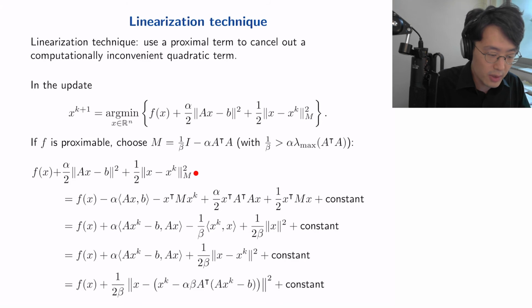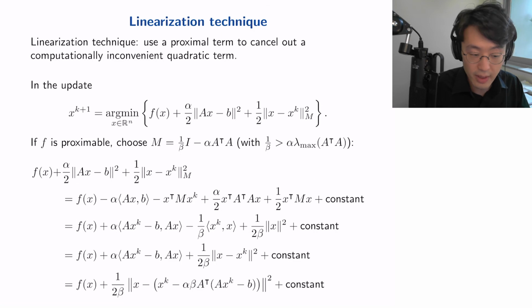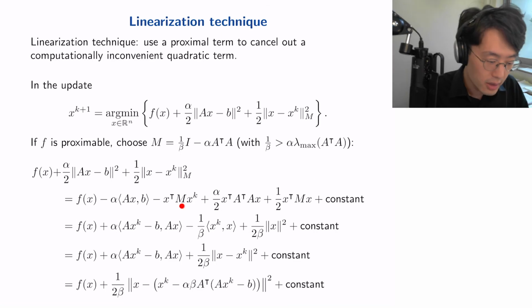Okay, so these two, the left-hand side and the right-hand side, are equal, except for constants that do not depend on x. And then here, we plug in M is equal to 1 over beta I minus A transpose A. When we do that and collect the linear terms, this is the term linear in x.